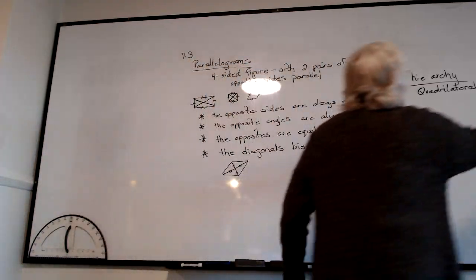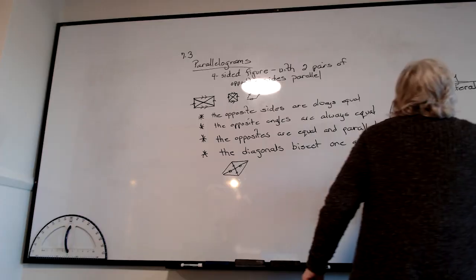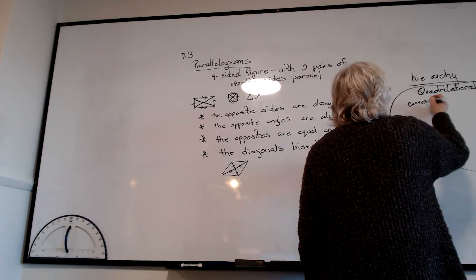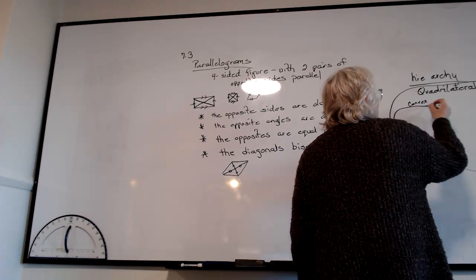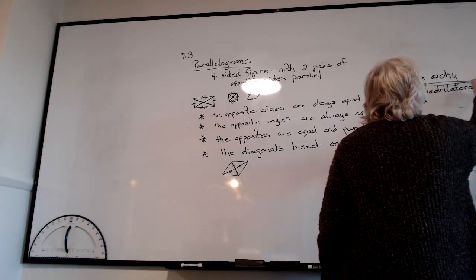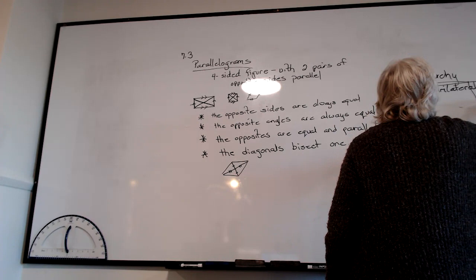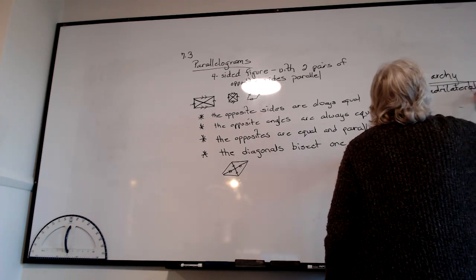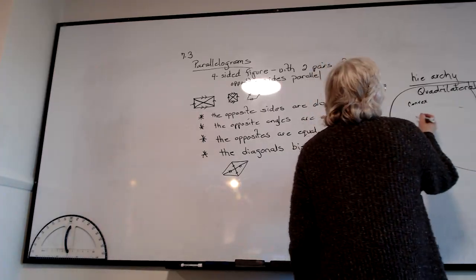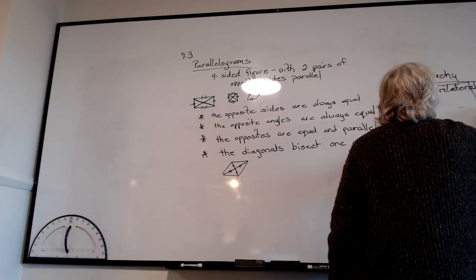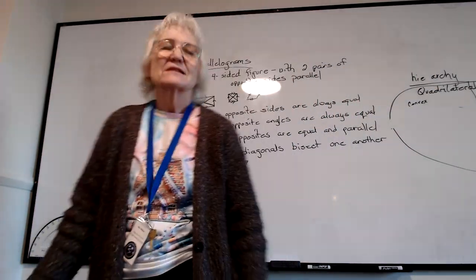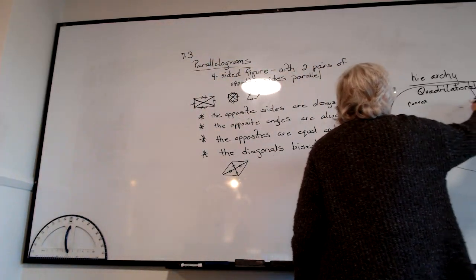Inside quadrilaterals, we have convex and concave. Convex is mainly what we're talking about. Concave is where you have one side that caves in like that. Convex is where you don't have any like that.